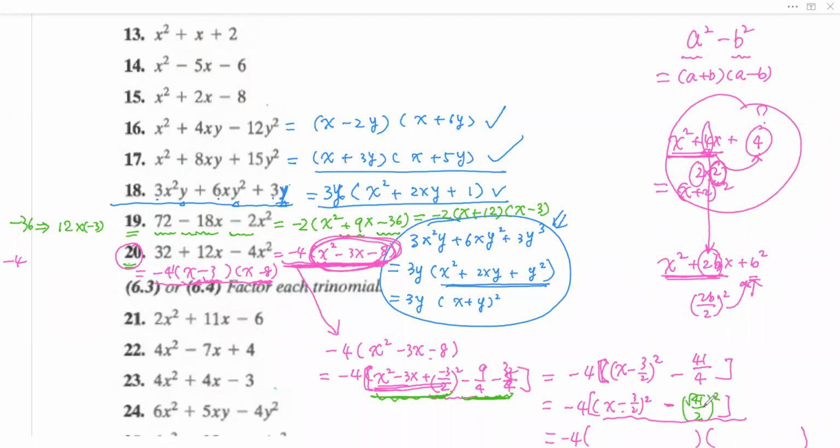This is a, this is b. So a plus b, and a minus b.